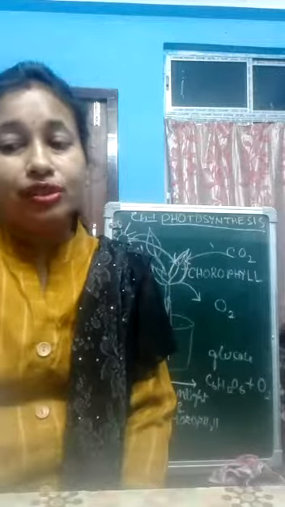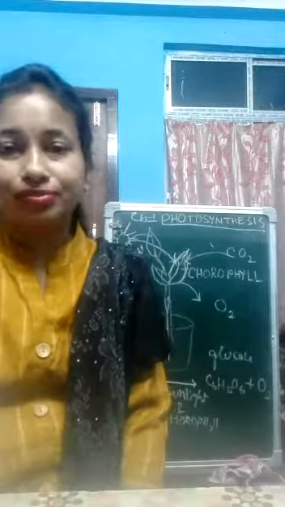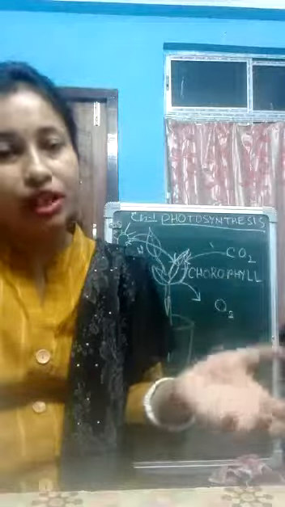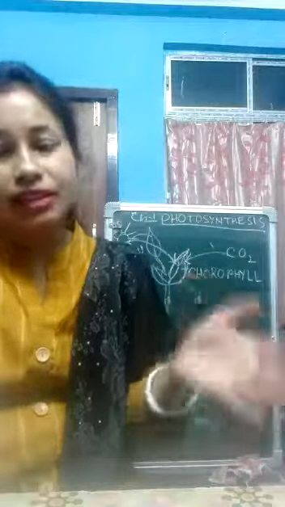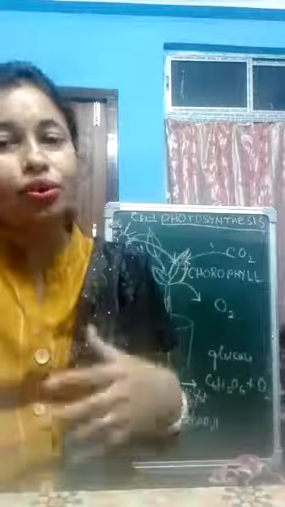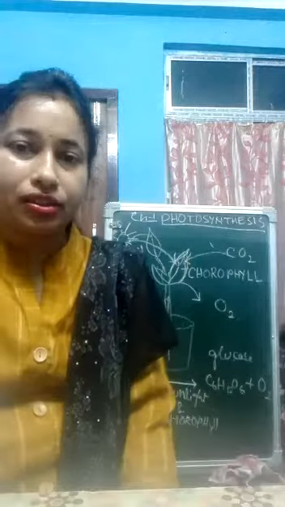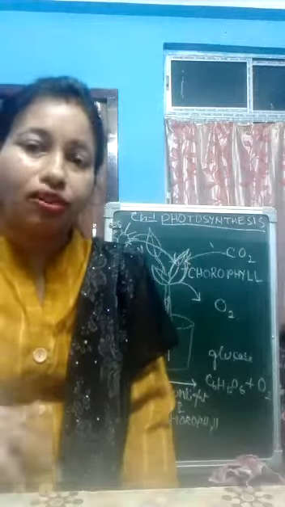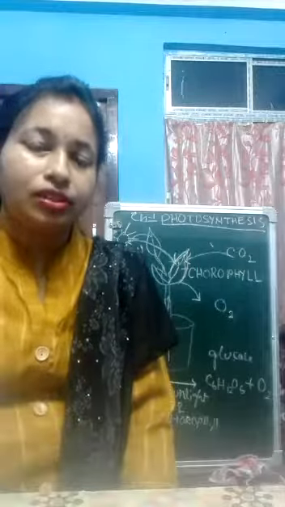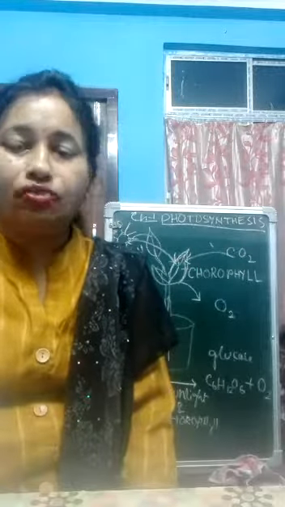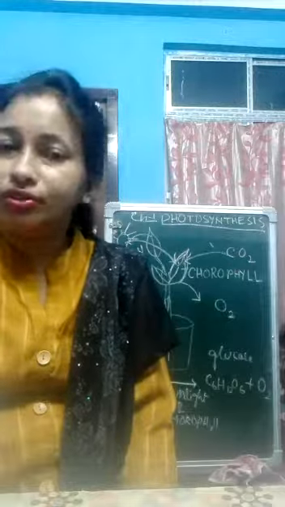Today our topic is nutrition in plants. What is nutrition? Nutrition is the process by which an organism takes whatever things are needed for its growth and development. So whatever things are needed for us, our food or whatever things we take for our development, that is called nutrition.